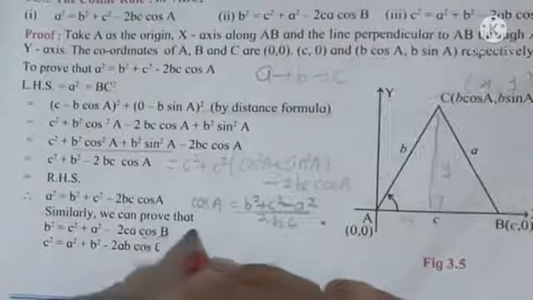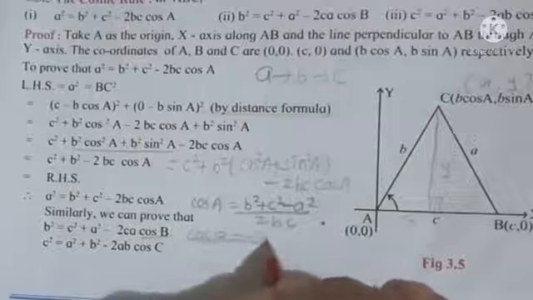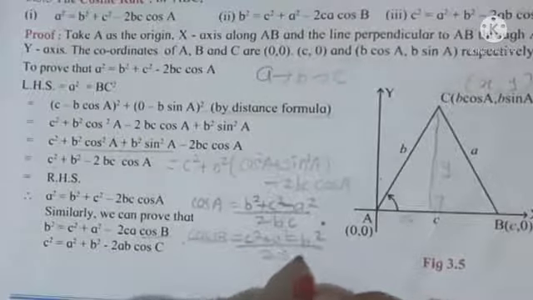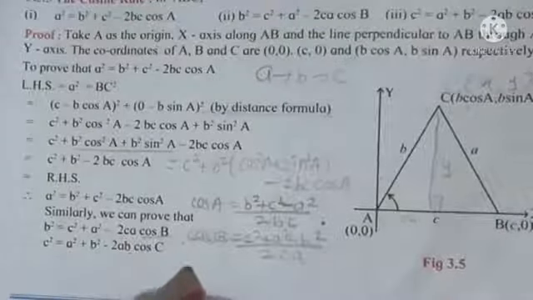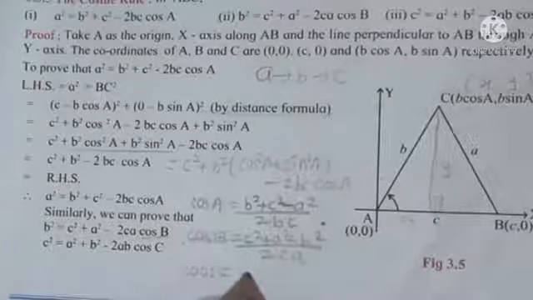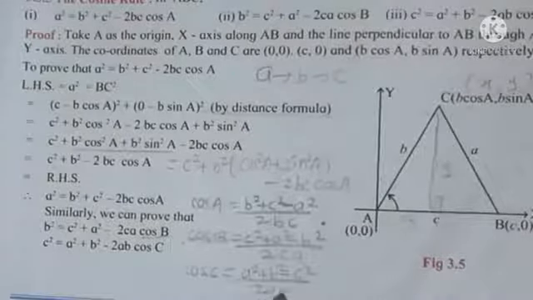From this equation you write cos B is equal to c square plus a square minus b square upon 2ca. And from the third equation you write cos C is equal to a square plus b square minus c square upon 2ab.